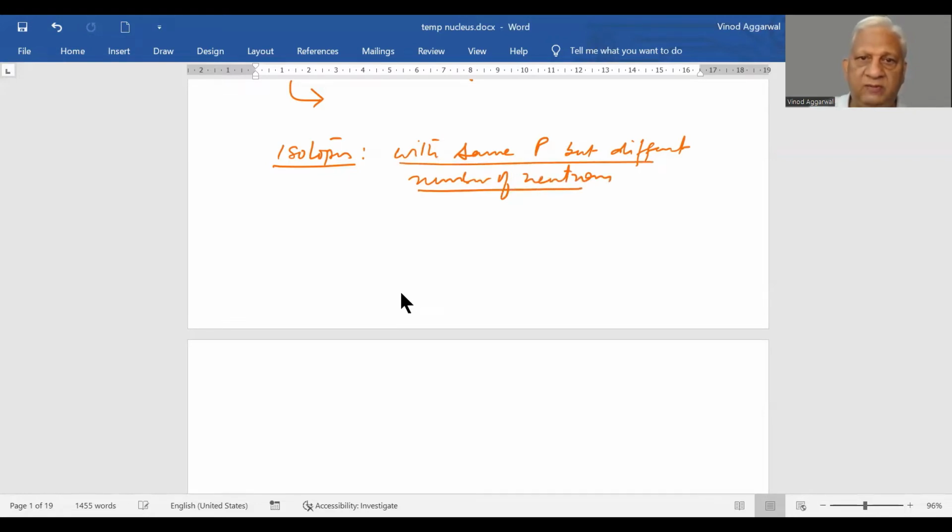So two elements which have the same number of protons, but the number of neutrons are different, that's called isotope.